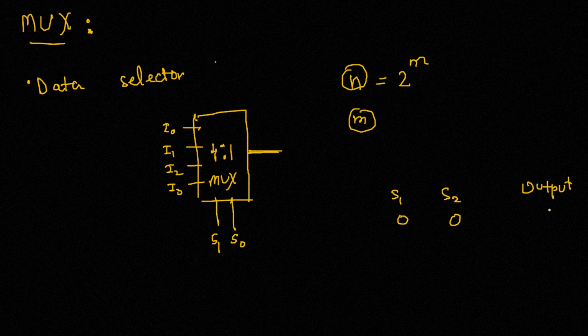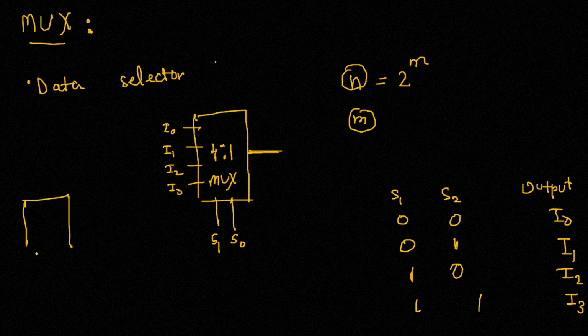So the output will be I0 in this case. If you have 0 and 1, then the second input line, that is I1, will directly be fed into the output. So 1 0 means the third input line gets selected as the output, and 1 1 means the last input line gets selected as the output. So that is the function of these select lines.